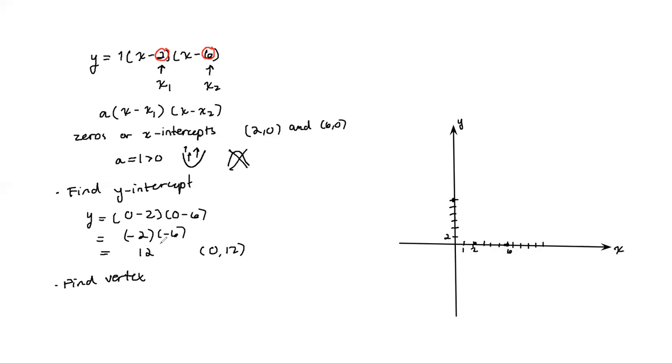So here I'm going to ask you to pay very close attention. Let me actually do it on the other page, that way we have a bit more space. So we had y is equal to x minus 2, x minus 6.